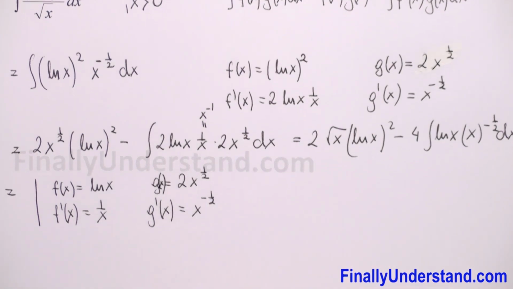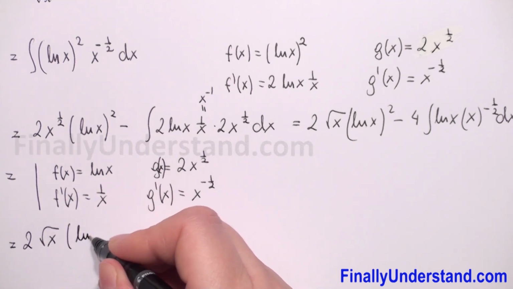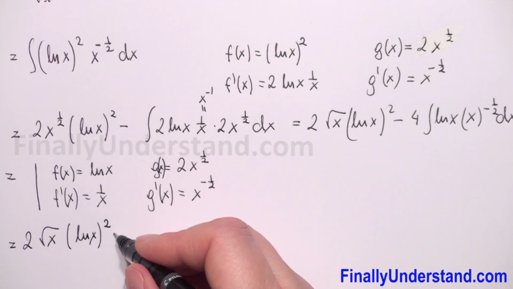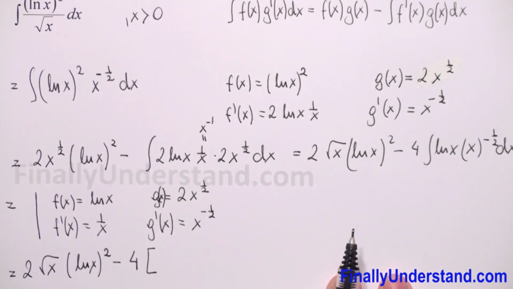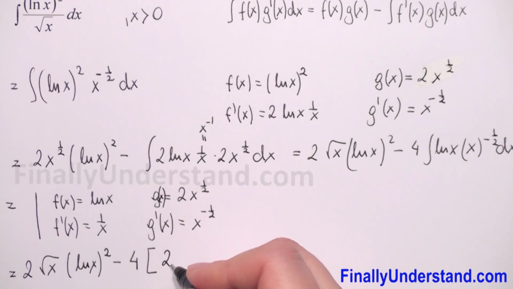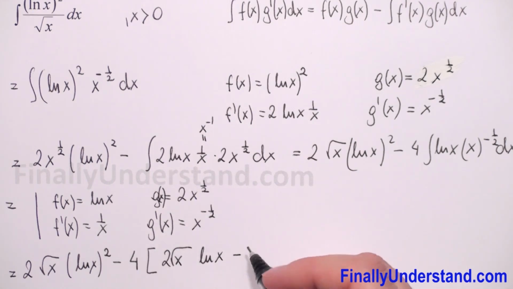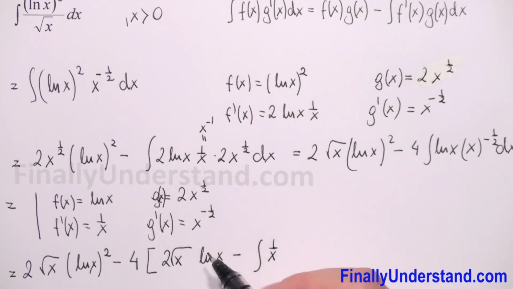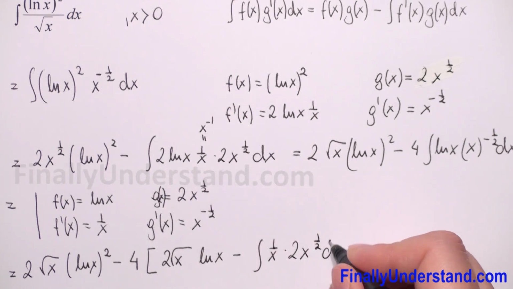In the beginning we need to copy, so this is equal to 2 times the square root of x times natural logarithm of x to the second power minus, and we have 4, and in brackets we will put first f times g, so it will be 2x to the 1/2 power, so I can put 2 square root of x times natural logarithm of x minus, and we have the integral of f prime, which is 1 over x, times g, which is 2 times x to the power 1/2, dx.